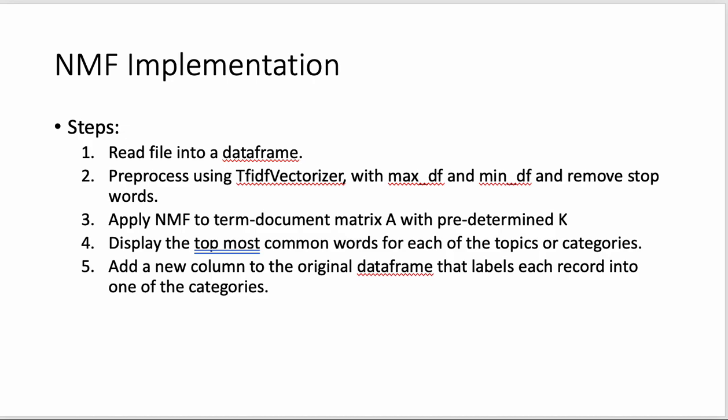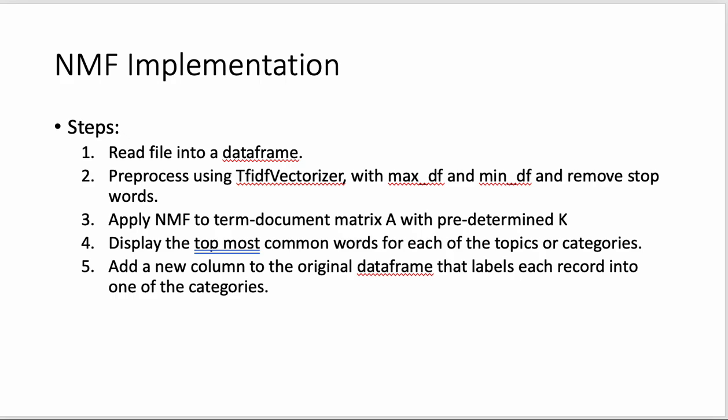So the steps of NMF implementation include pre-processing and then applying NMF. Keep in mind we use the TF-IDF vectorizer for NMF instead of the count vectorizer, and then we apply NMF to the term document matrix A and a predetermined K. K means the number of topics we want.